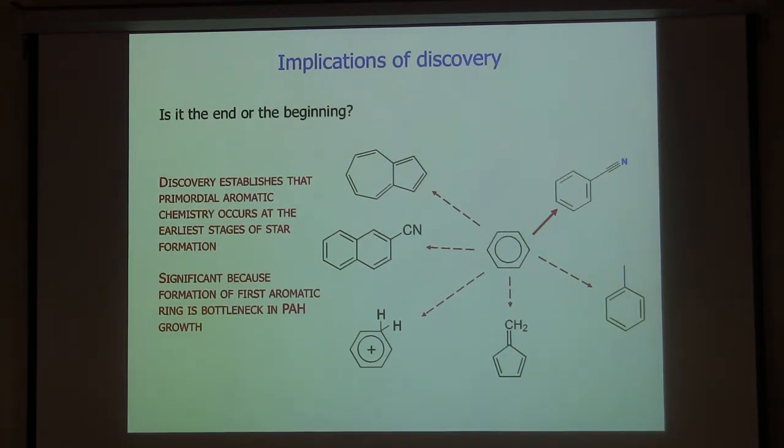You could argue maybe this benzene has been inherited from the previous cycle of the star or the molecular cloud, but nevertheless, it is there. And it's also very important because benzene is well known in the combustion literature and a wide number of calculations that the bottleneck to PAH formation is formation of the first aromatic molecule. Right? So arguably, if this is here, potentially forming larger molecules may be easy.